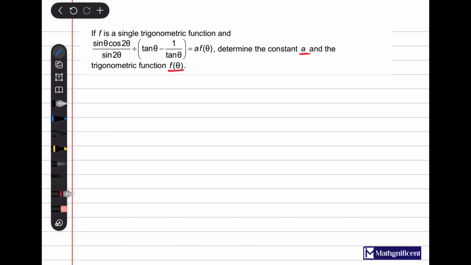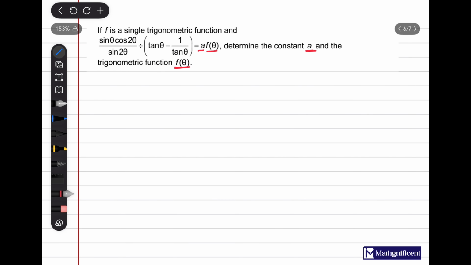Right, so now we know that we have to determine a and we have to determine f of theta. What we have to do in this case is simplify this trig expression that is on the left hand side here. So how can we do that? Let's first rewrite this statement again.